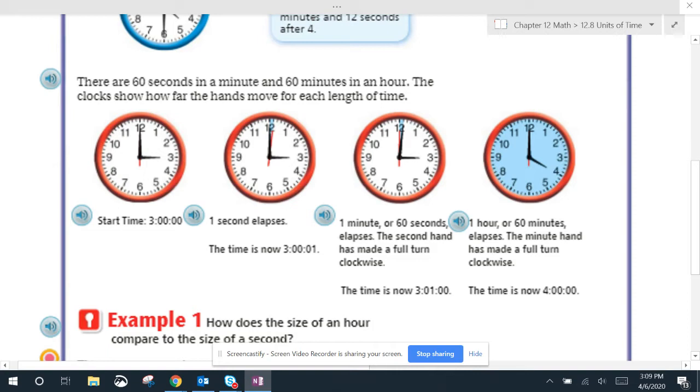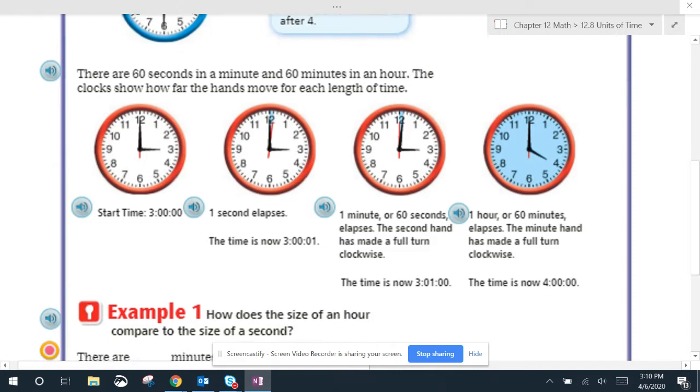It's going to move to the right. After a whole minute goes by, the second hand comes back to the 12, but your minute hand, the long hand, moves 1 minute over. After it does that 60 times, the large hand moves to the 4, and both the minute and second hands are back at the 12.